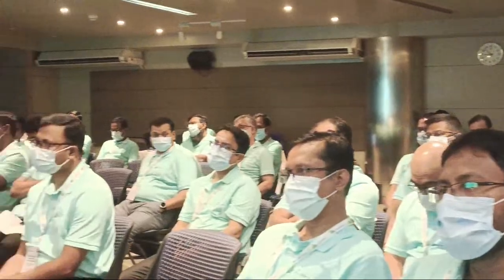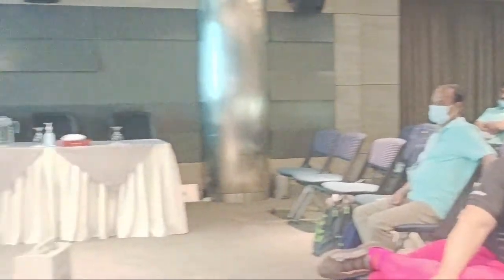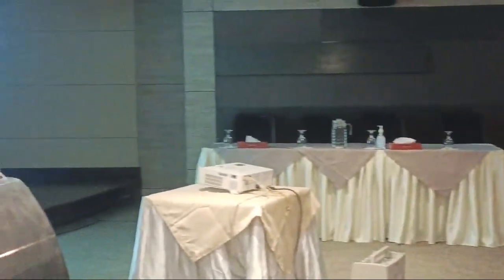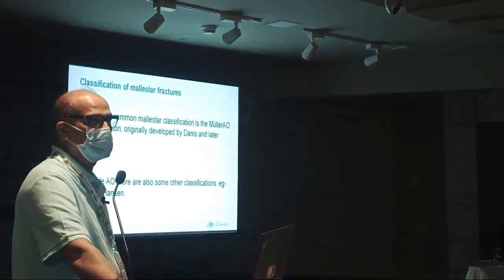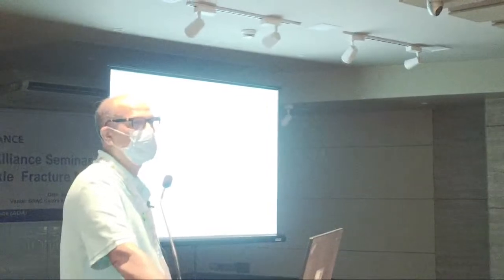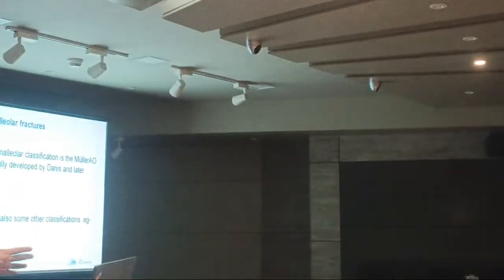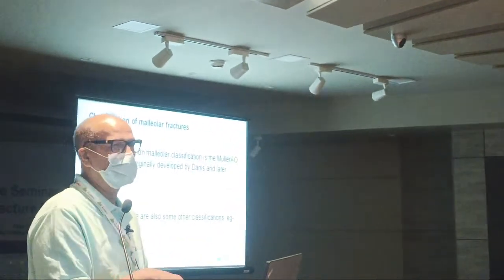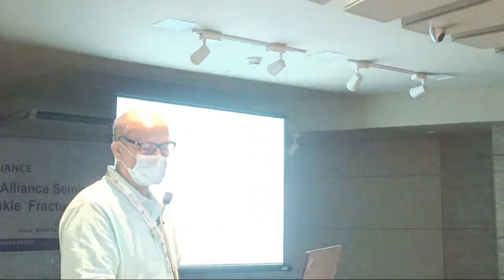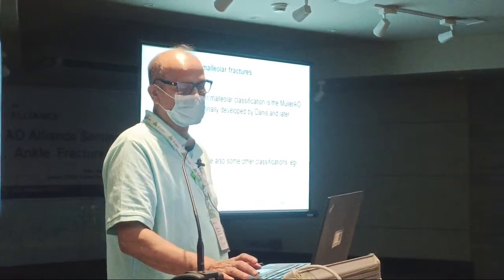Although the AO classification is easier, we should also try to understand Lauge-Hansen because our faculties are here and we can get some best ideas: the mechanism of injury, how the force is coming from the outside or the inside, how the rotation is going on, and how structures fail one after another. This has been beautifully described by Lauge-Hansen.